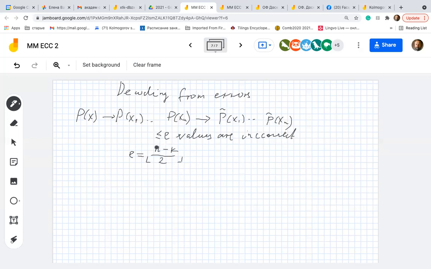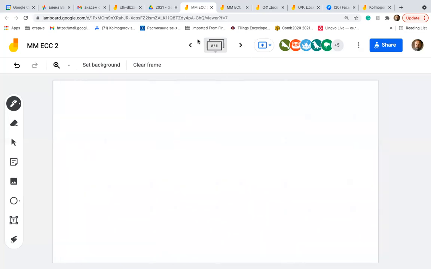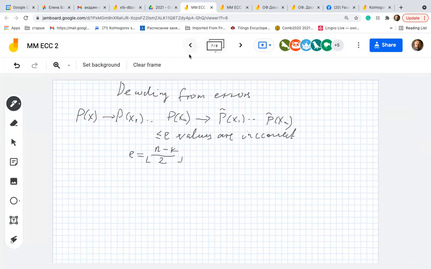So at most this many values are incorrect. Let's assume that exactly E values are incorrect, and write here an inequality. So E is at most that.